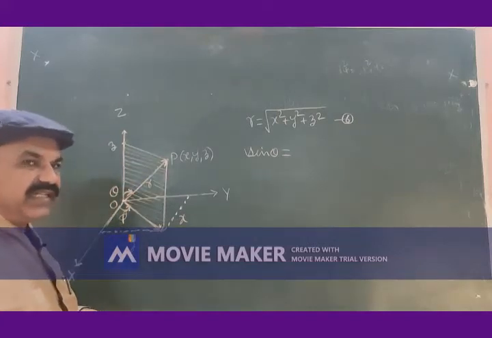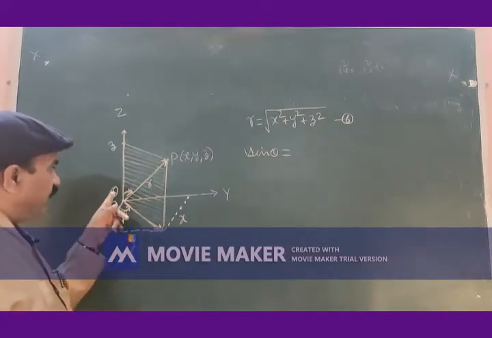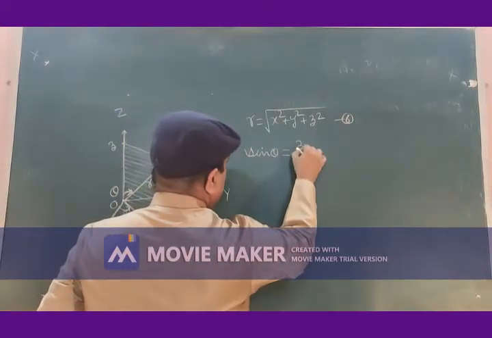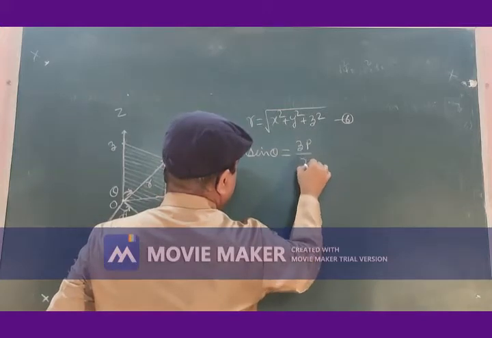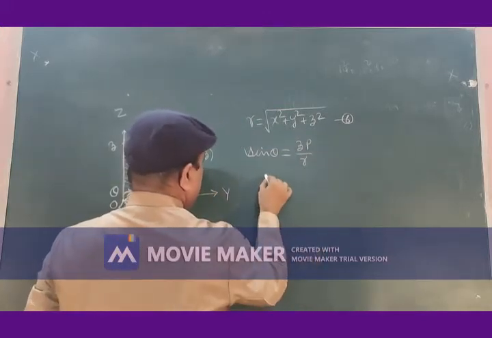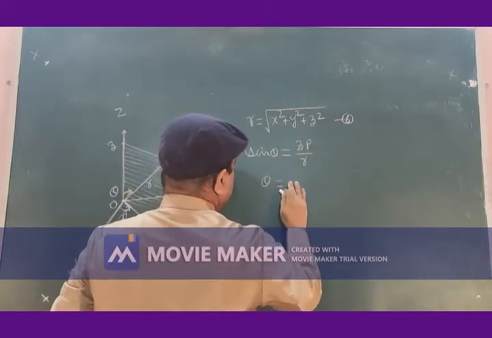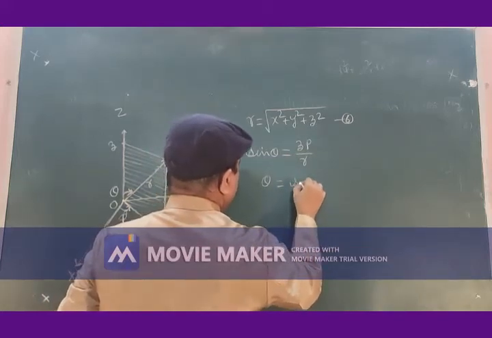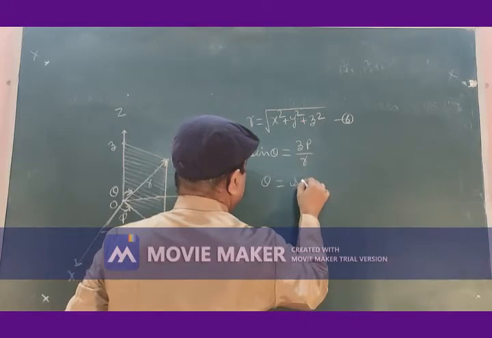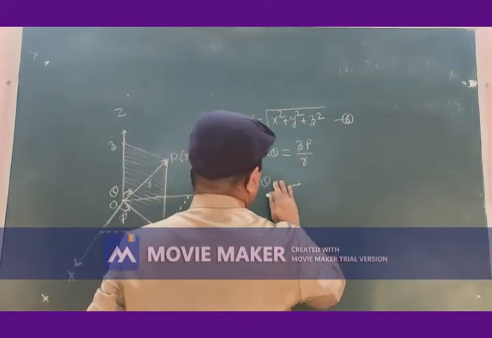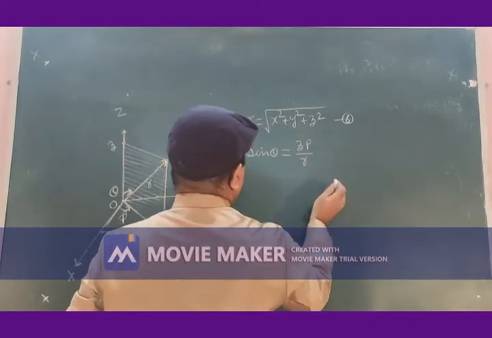OPZ will be a right angle triangle, and from this right angle triangle, sin theta will be equal to ZP divided by R. Let me use this later on.